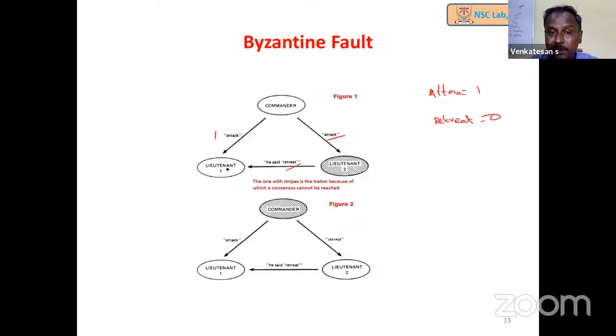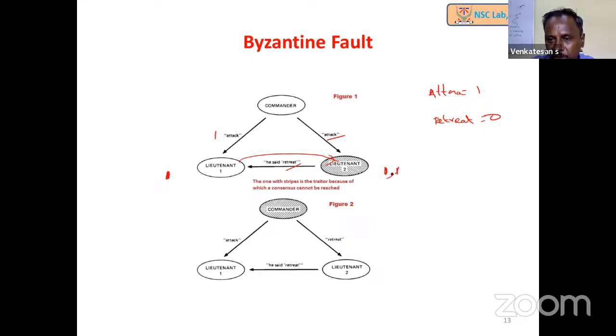Now the commander says to lieutenant 1 attack, so that means he has 1 in his record. Lieutenant 2 also has 1 in his record. Now these 2 parties are going to exchange their messages. Let's say lieutenant 1 is the genuine person. He says, I received the message from the commander as attack.